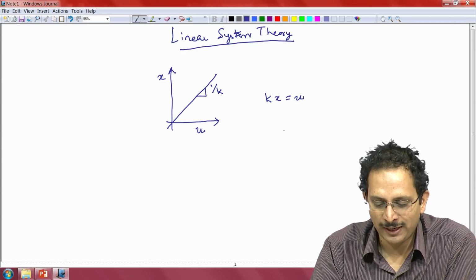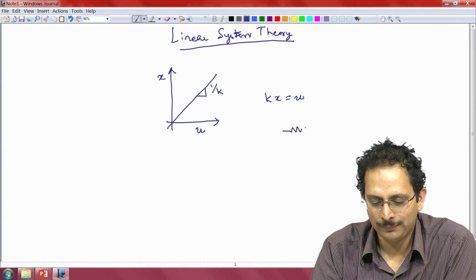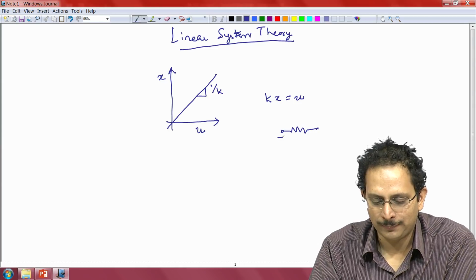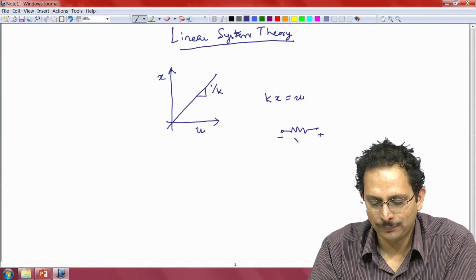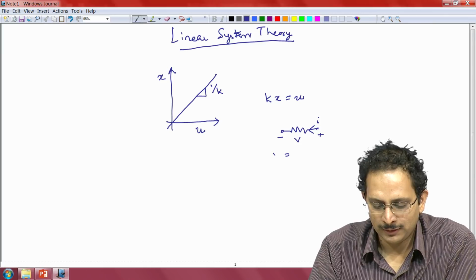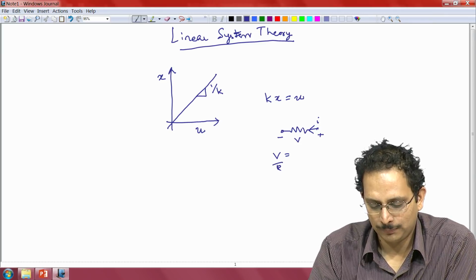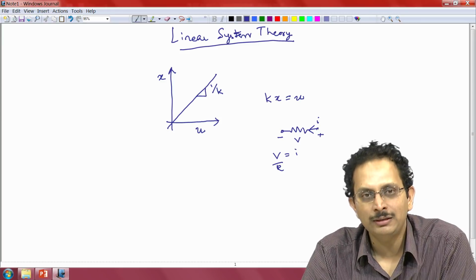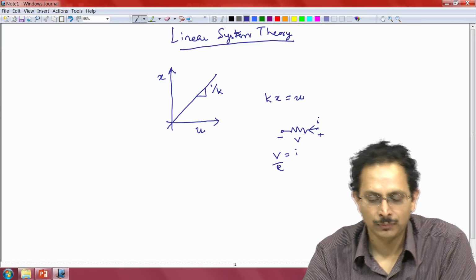So, if I have a resistive element and there is a voltage V across it, then the current I is given by V by R. So, there is a proportionality relationship between the current and the voltage.